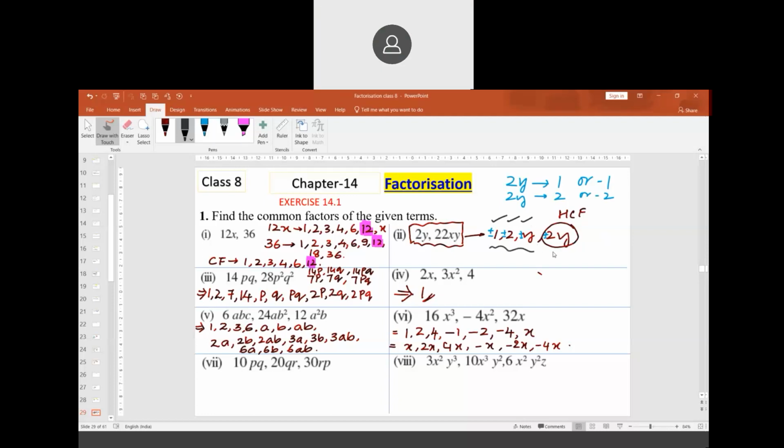We are going to use this concept in class 9. There is a factor theorem. In the factor theorem, we consider a number and write the factors of that number. Then we use some logic. There we use plus or minus 1, plus or minus 2, something like that.